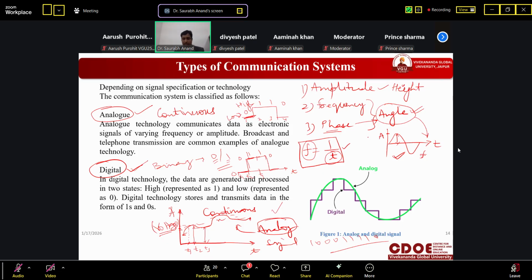Right. Now this diagram is showing the combined signal. The green is showing the analog and purple is showing its respective digital value, right? So how we can draw it?